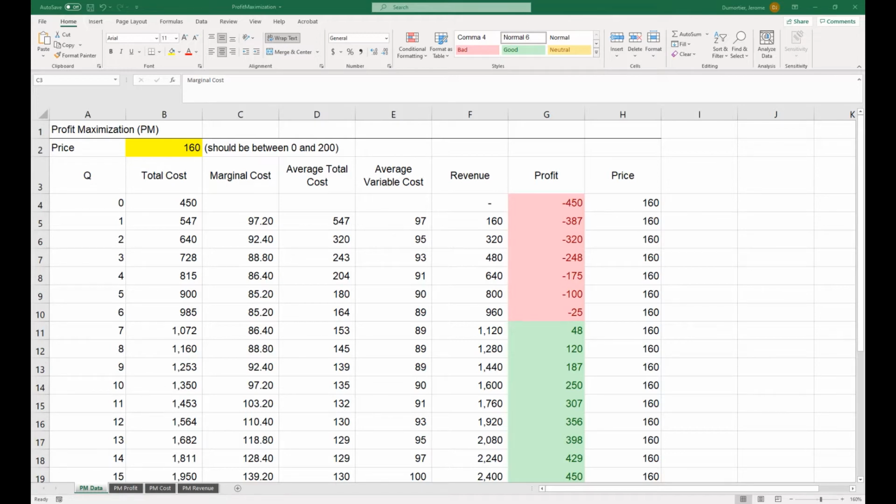So you are getting the price of $160, but the additional increase in cost is only $150. So what this means is that if you're producing this additional unit, you're making a profit of $10, or your profit is going to increase by $10.